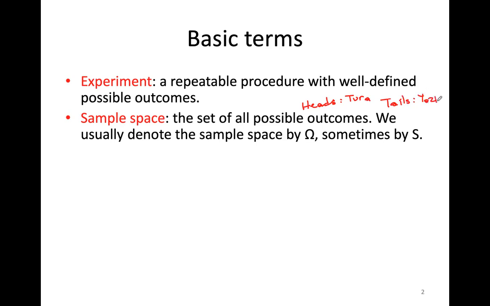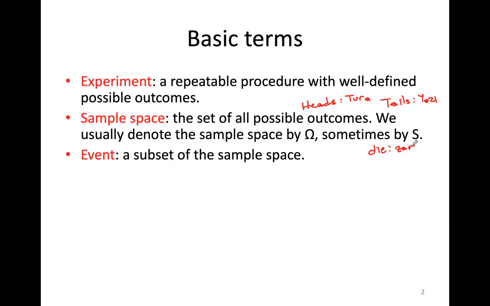If I roll a die, die means zar, the possible outcomes are 1, 2, 3, 4, 5, 6. This is the sample space. We denote it by omega or S.